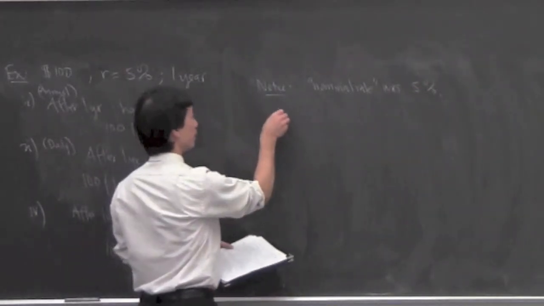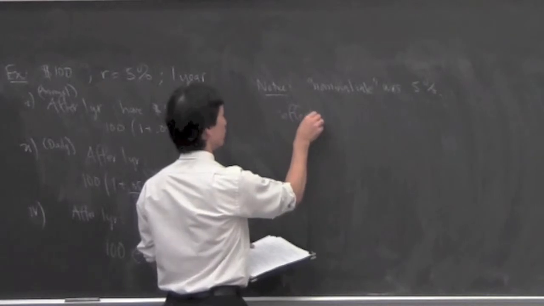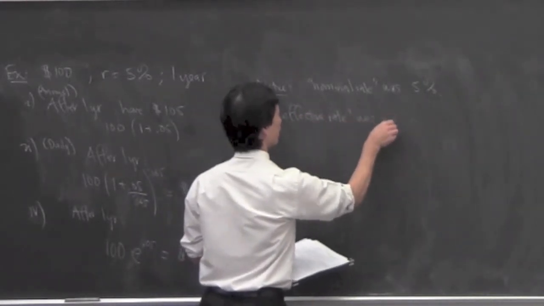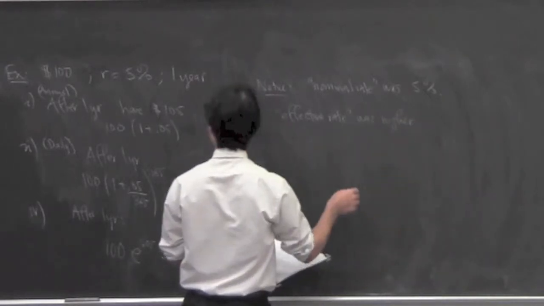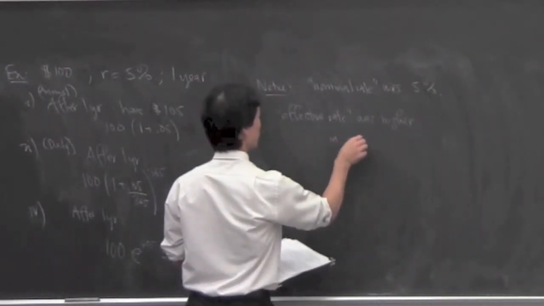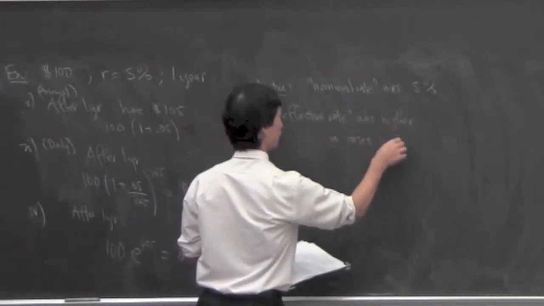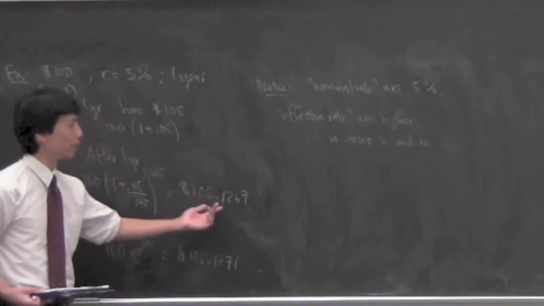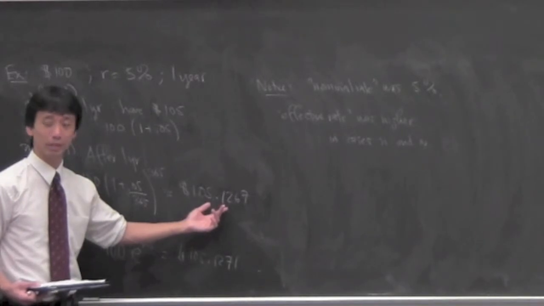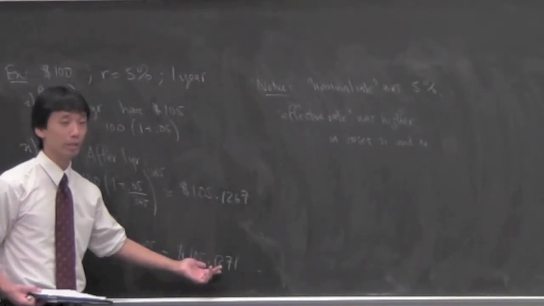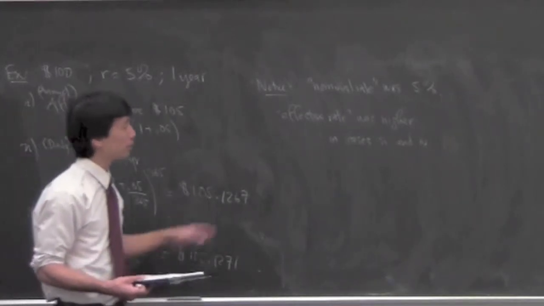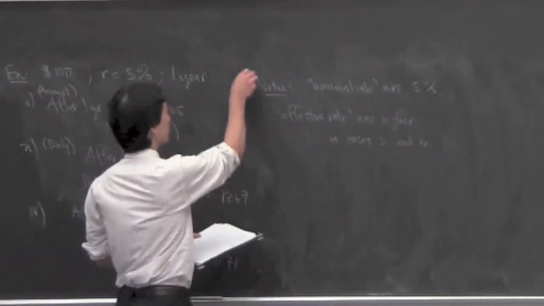But the effective rate was higher in phases 2 and 4. After 1 year, you actually got a little bit more than 5% in both these cases. That's just language. It's not that important.